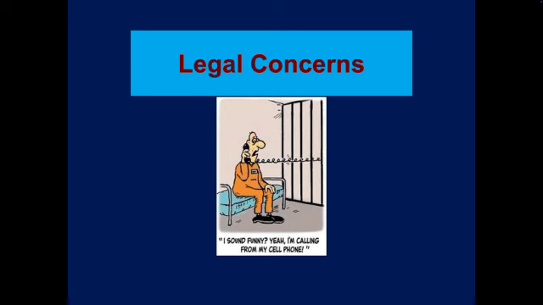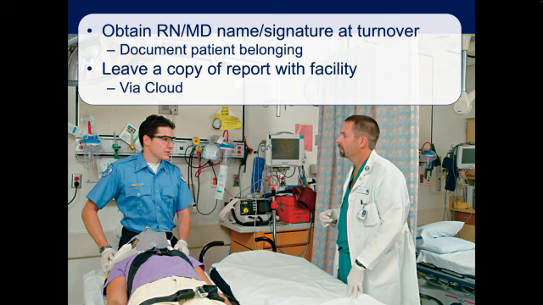So legal stuff. So you already know that you're going to go to the hospital. You're going to turn this patient over to a doctor or a nurse. You're going to get their signature and name, and they're going to sign. And again, you're going to get those patient belongings seen to and taken care of and all that. And the way it works here in California is when you're done getting all your signatures and your PCR is done, you hit the button and it goes to the cloud.